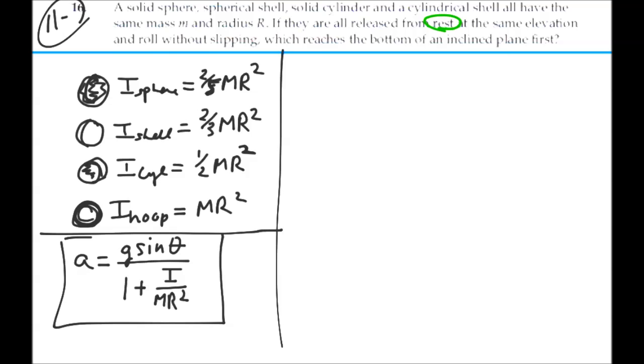So if we look at the sphere, this acceleration is g sine theta over 1 plus 2/5. So it'll be 1 over 7/5 or 5/7 g sine theta.